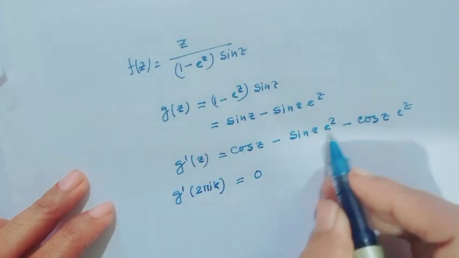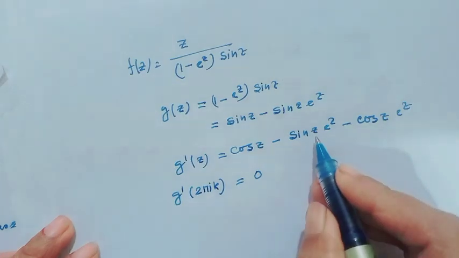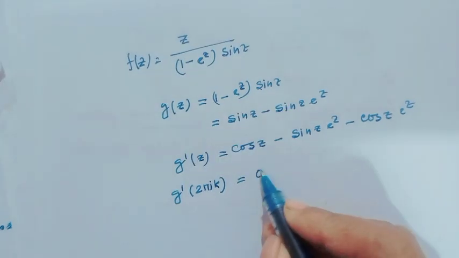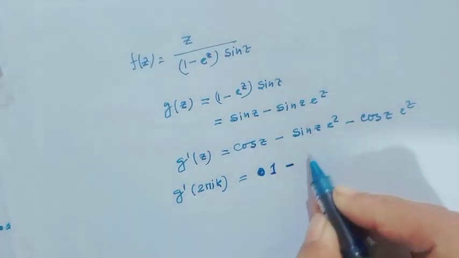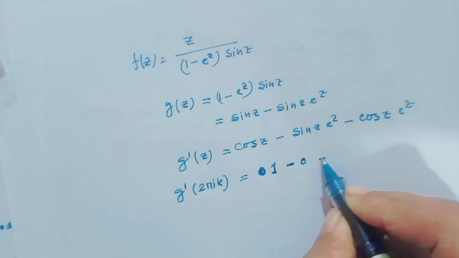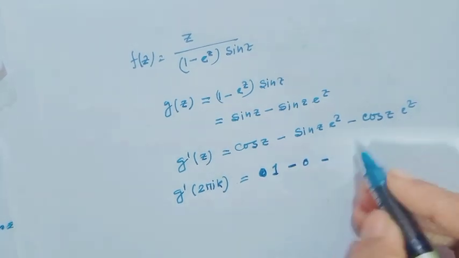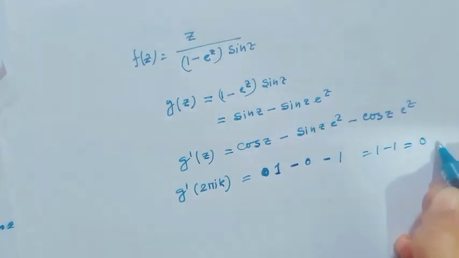And g prime at the point 2 pi ik: sin 2 pi ik is 0, e to the power 2 pi ik is 1, and cos 2 pi ik is 1. That means 1 minus 1 equal to 0.